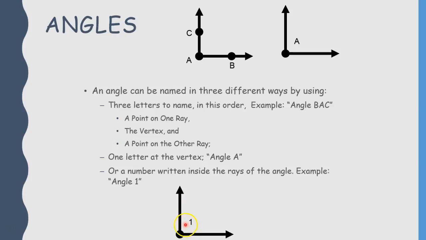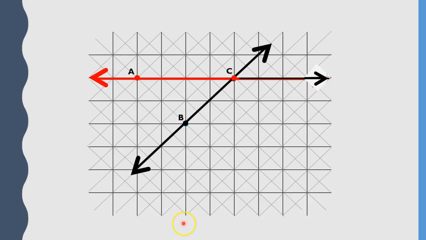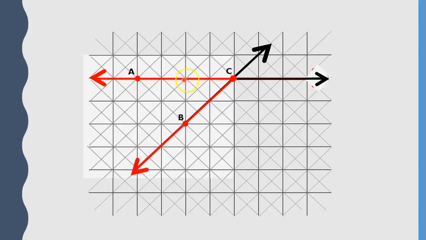So let's take a look at our lines and find the angle. So here is ray CA, and then we're going to look at how ray CB shares this endpoint, and now it becomes an angle.